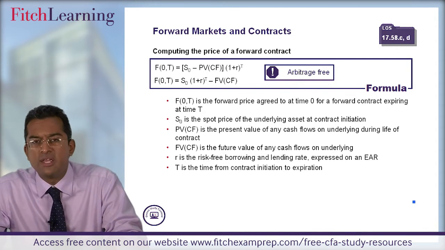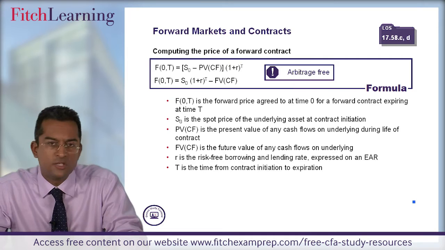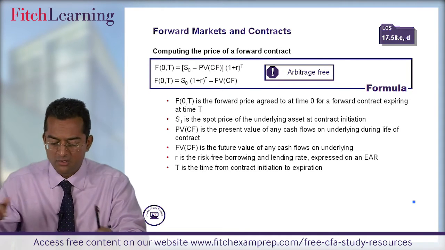Now, if we can agree, folks, that that would basically replicate having a forward, then the two give you the same end result. They should be priced in the same way or cost the same.